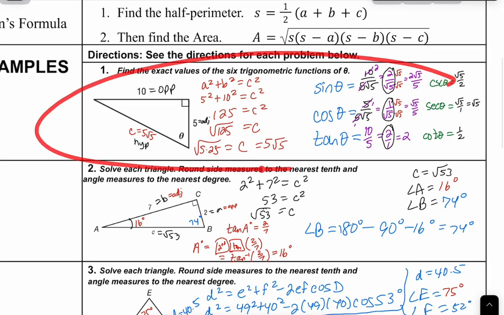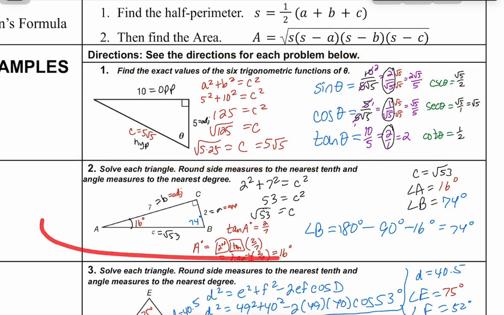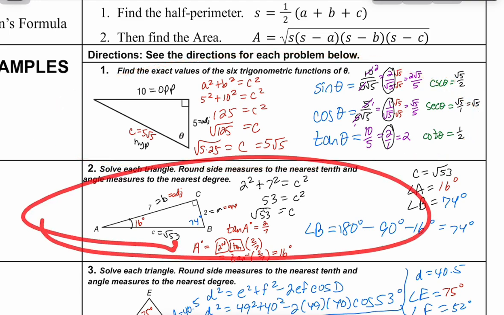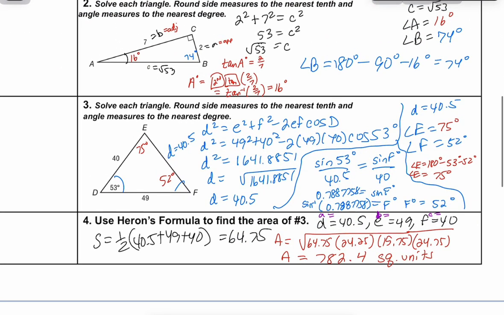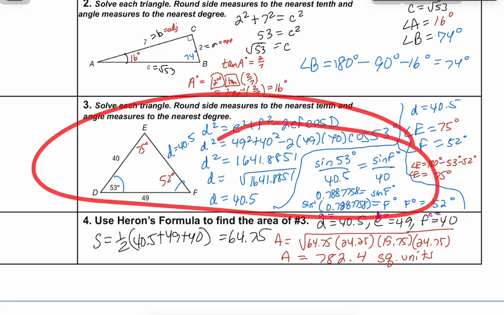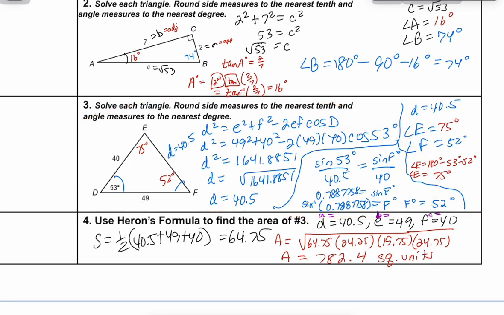Then there'll be a find the six trig functions exactly, reduced square roots as much as possible, solve a triangle that's a right triangle, you'll use a calculator. Solve a triangle that's a non-right triangle, law of cosines, law of sines, Heron's formula. That's your quiz, okay? Do we have any questions about what you're going to see on the quiz tomorrow?